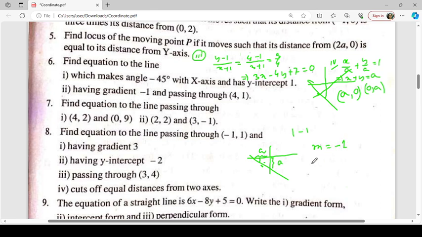So m is equal to minus 1, and we have (y minus 1) by (x plus 1) is equal to minus 1. Our equation is now y minus 1 is equal to minus x minus 1. This means x plus y is equal to 0, and so we have a is equal to 0.